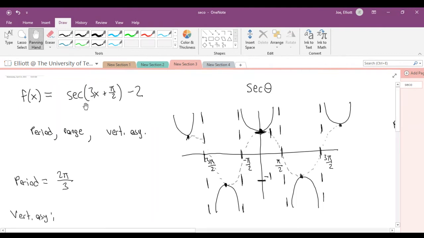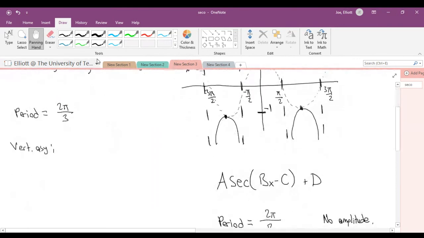So if I want the general equation, what I'll do is I'll take what's inside the secant expression right now, so 3x plus pi over 2, and I set it equal to an odd multiple of pi over 2 for secant.